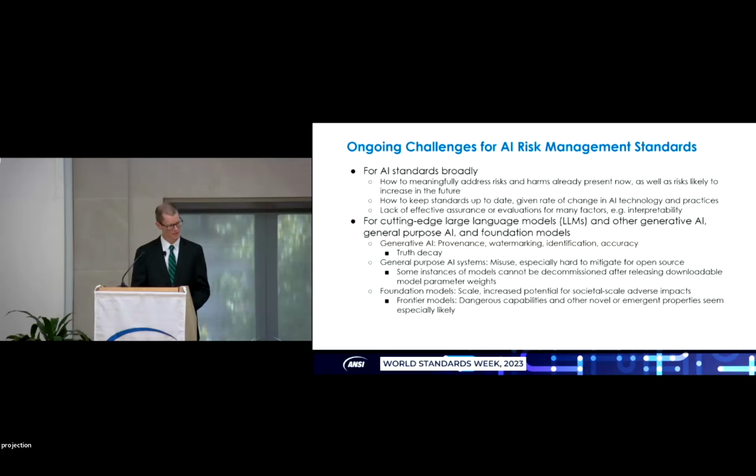With general purpose AI systems, as we've heard a bit, one of the characteristic potential problems is potential for misuse. And one of the challenges here is especially the potential for misuse of open source or fully open access or downloadable AI systems. Once a developer releases the model weights for anyone to download, essentially that decision is then irreversible.